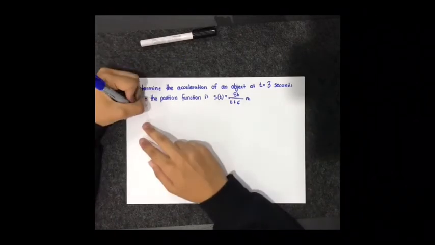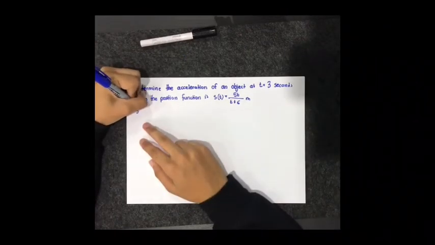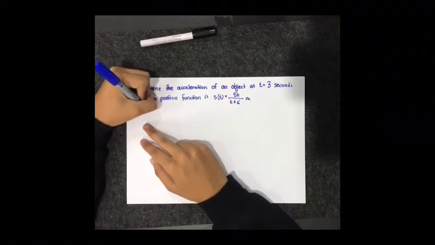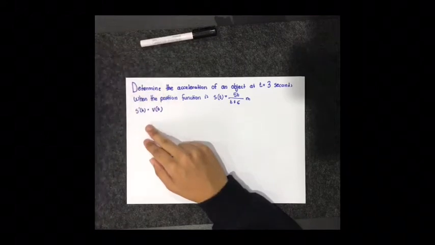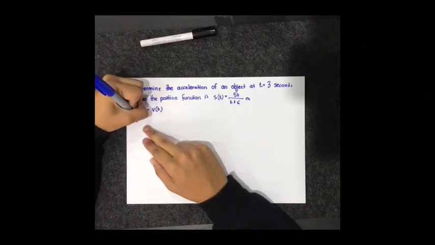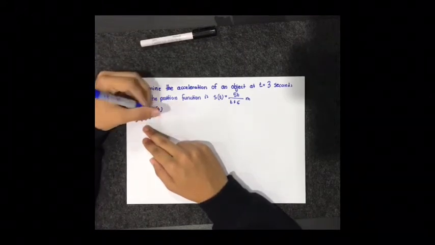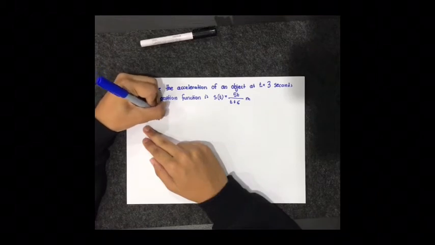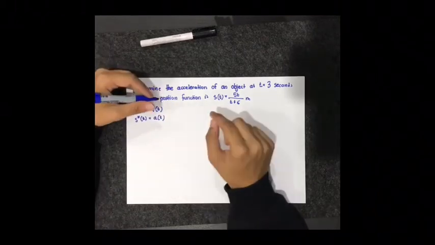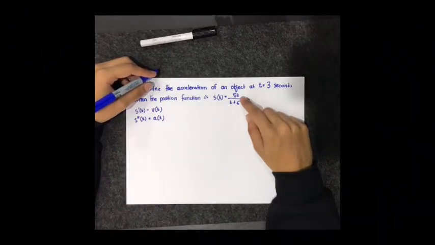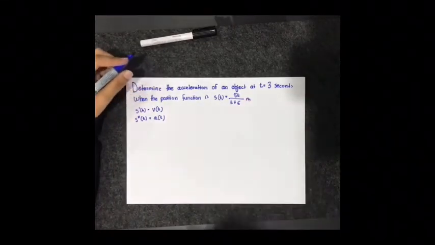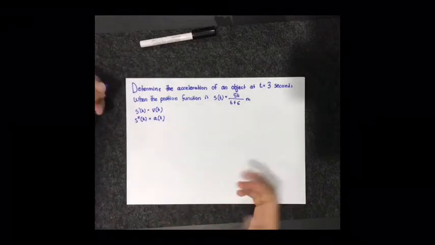So the basic rule is, if we derive the position function, we get the velocity function. If you derive the position function twice, we get the acceleration function. Okay, so let's look at this. We have one unknown in the numerator and one unknown in the denominator. That means we have to use the quotient rule.